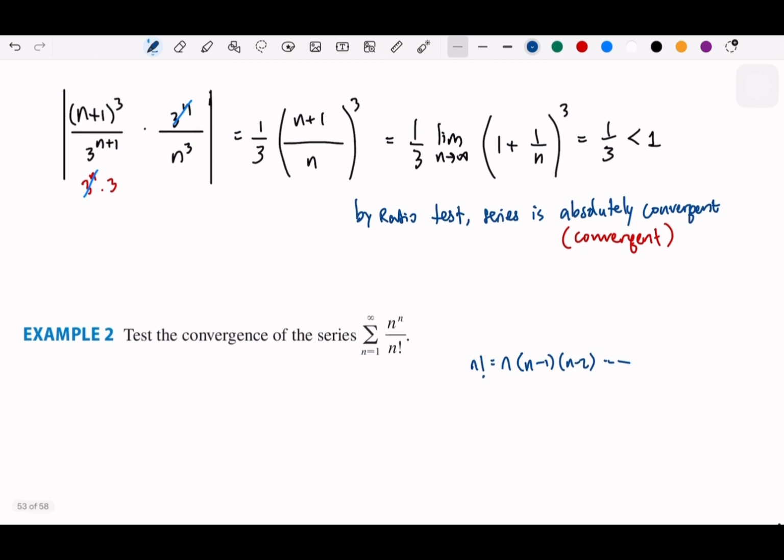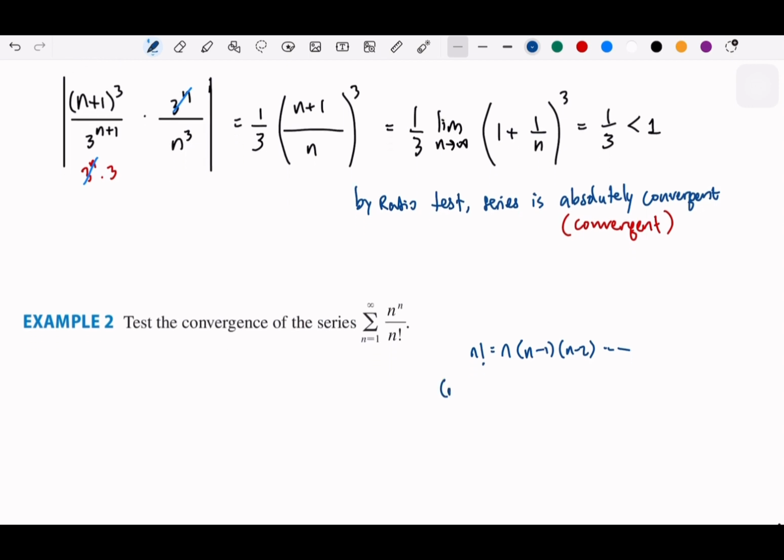If we have (n plus 1) factorial, we are going to have n plus 1 multiplied by n factorial, right? For (n plus 1) factorial. And this is what we are going to use. And you will see this a lot if we are considering the factorial property.